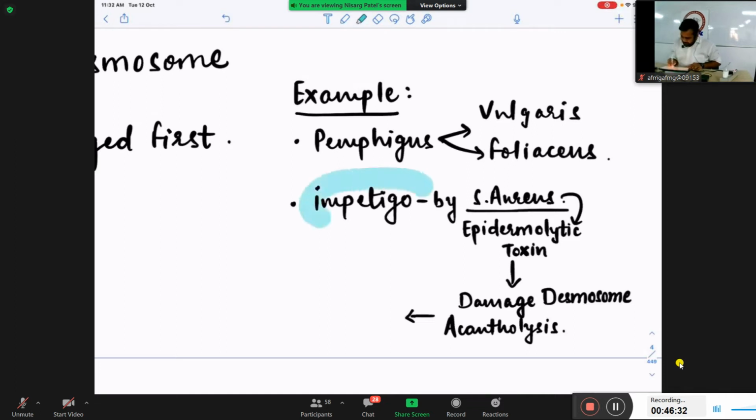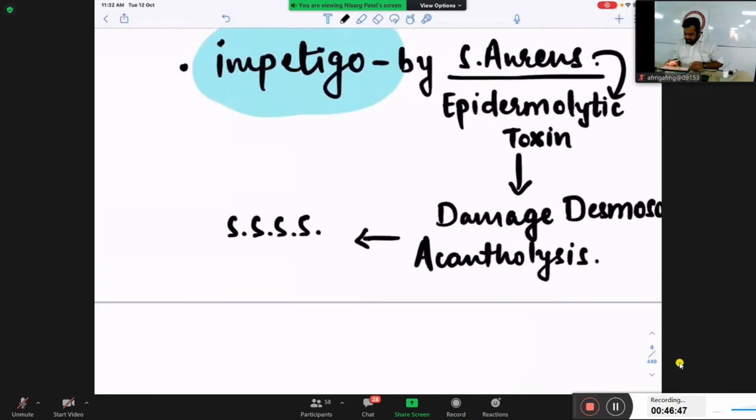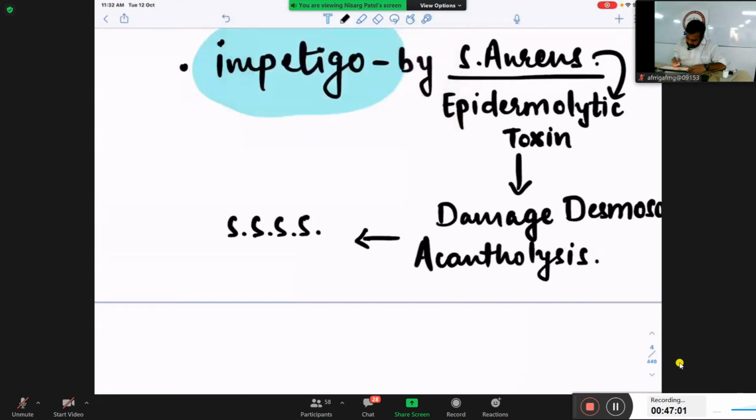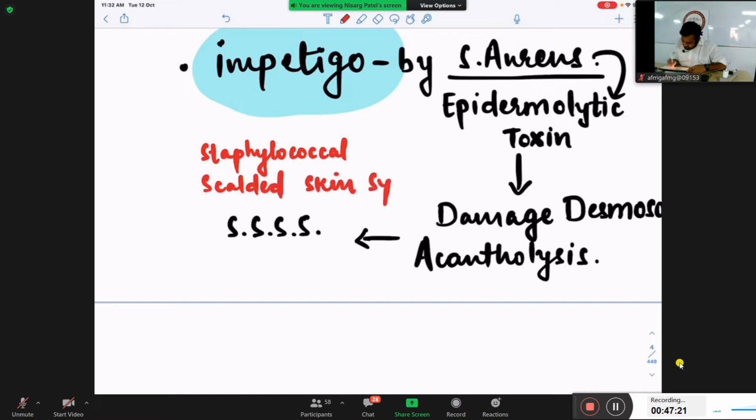And what is this complication known as? If a patient of impetigo, it is known as staphylococcal scalded skin syndrome.